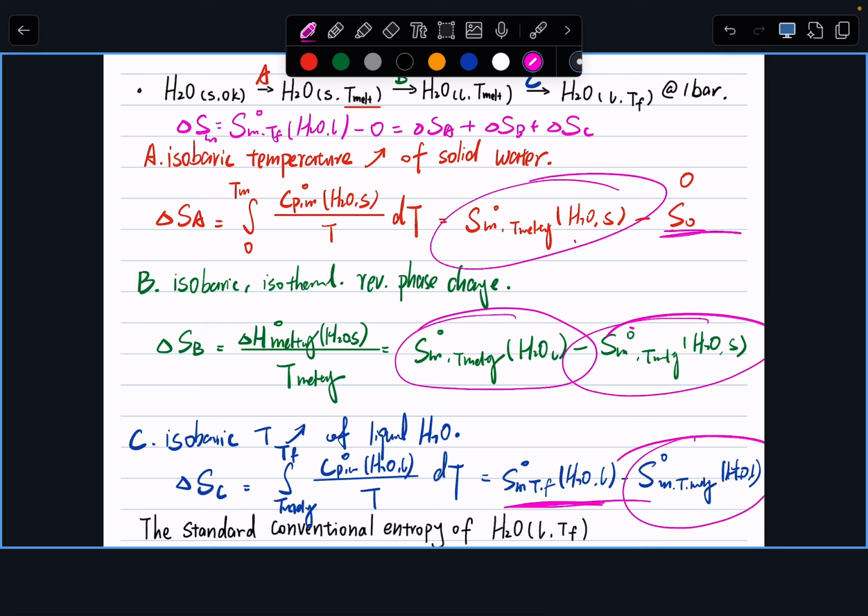And that equals the integral from 0 to T melt of CPm naught of H2O solid over temperature dT, plus delta H naught melting over T melting of your H2O solid to liquid, plus the integral from T melting to T final of C naught Pm of H2O liquid over temperature dT.